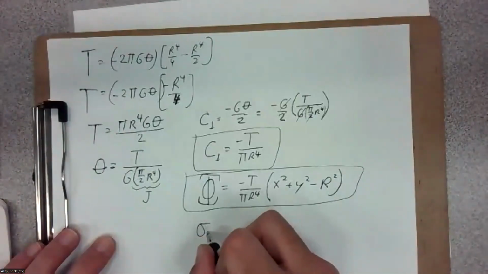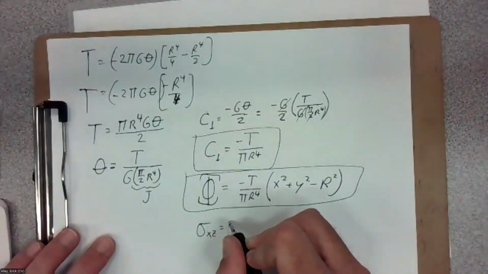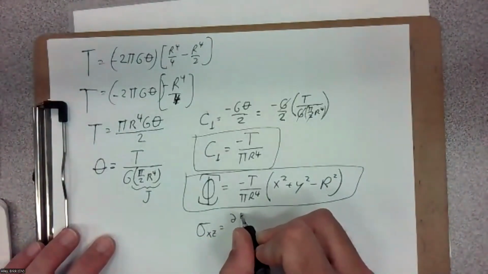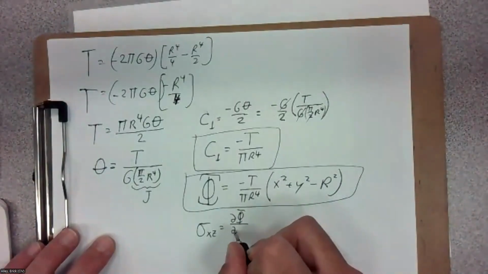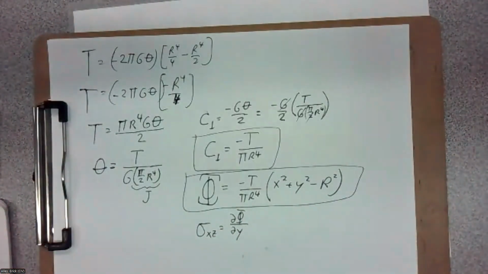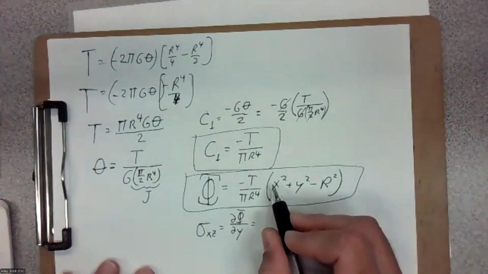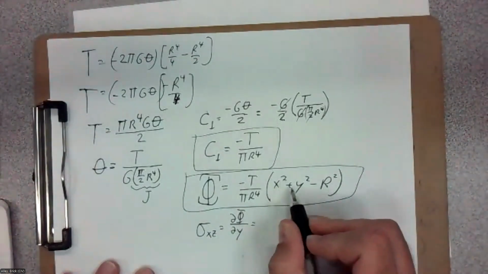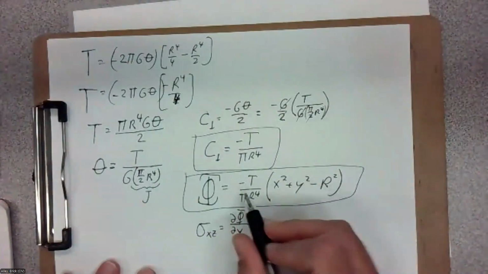So sigma xz is partial phi partial y, right? There was our definition back here. If I take that derivative, I've got y squared there, so a 2 is going to come out in front.